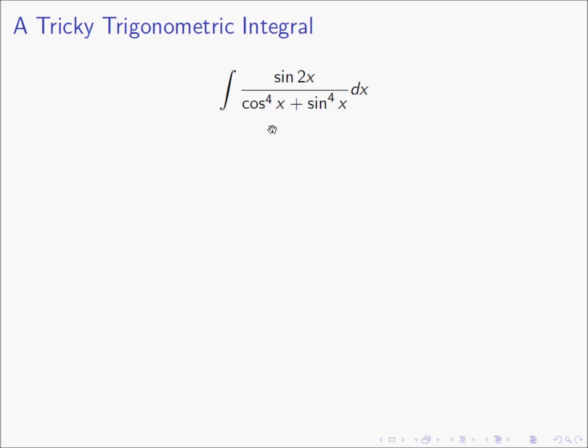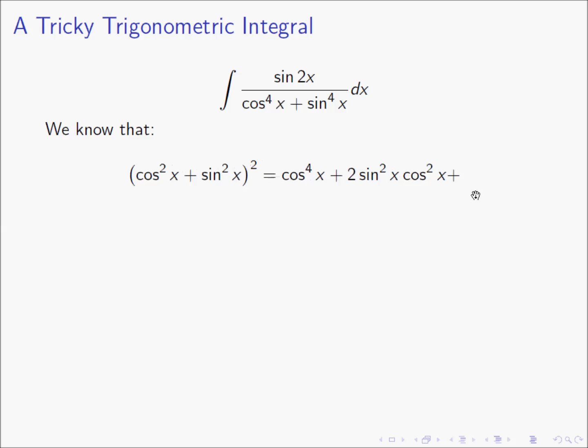In this case we have cosine to the fourth plus sine to the fourth. So what we can do is consider the sum cosine squared plus sine squared and square that sum. If we do that, we get cosine to the fourth plus 2 times sine squared times cosine squared plus sine to the fourth.